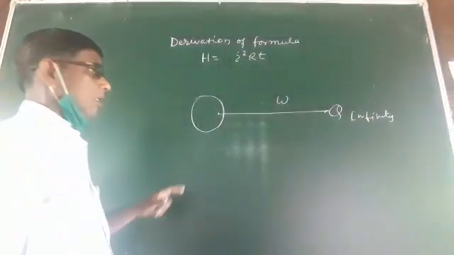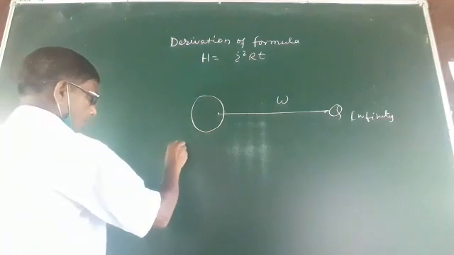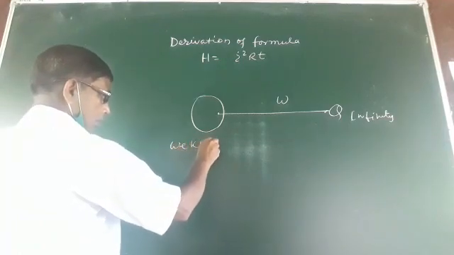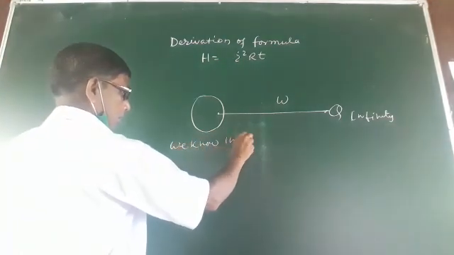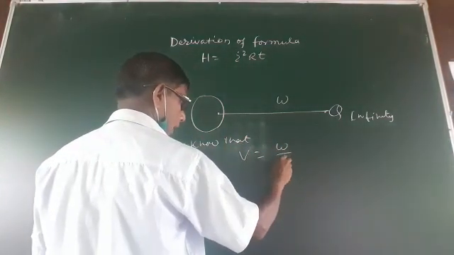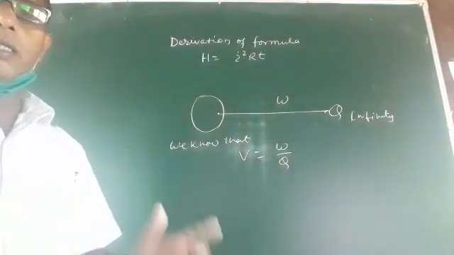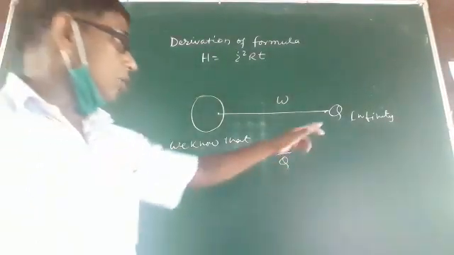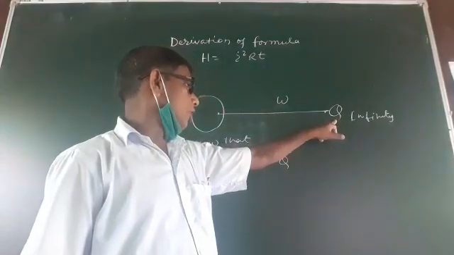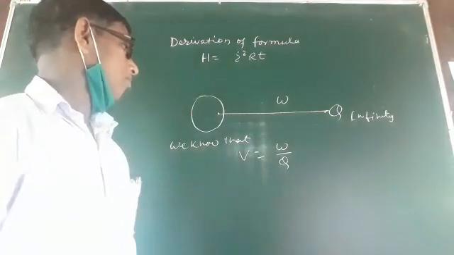Suppose that this is the potential. So we know that V equal to W by Q, which is the potential, the work done in bringing unit charge from infinity to any point in the electric field.